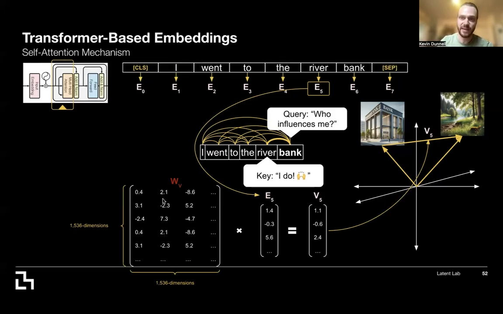But we can think of it as this one single value matrix, which is 1536 by 1536. And we are taking the embedding of river and taking the cross product with the value matrix, and getting this resulting vector that would amount to the change in that initial vector of the word bank, it becoming a riverbank from this embedding river.